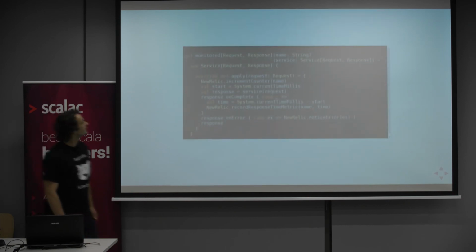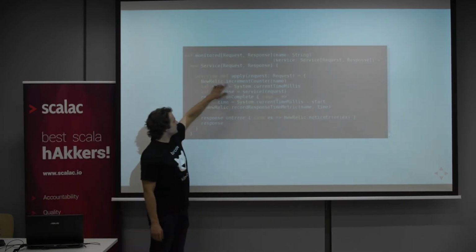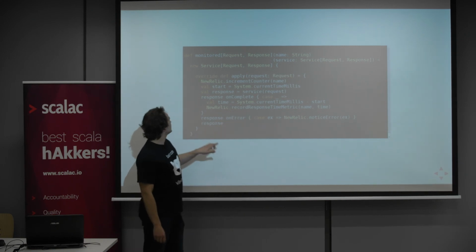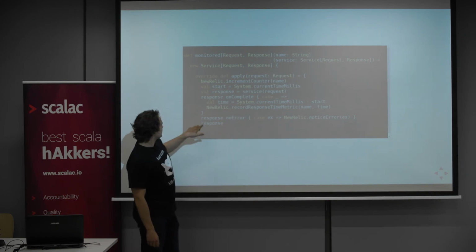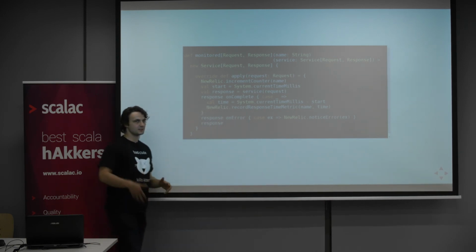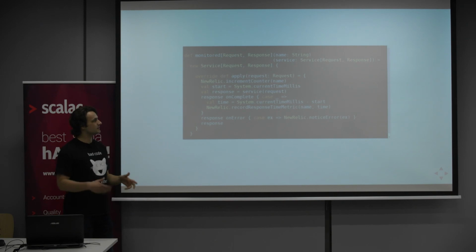Here: New Relic increment counter, New Relic record response time, and in the case of error, New Relic notice error. Those are all services exposed by the New Relic API.